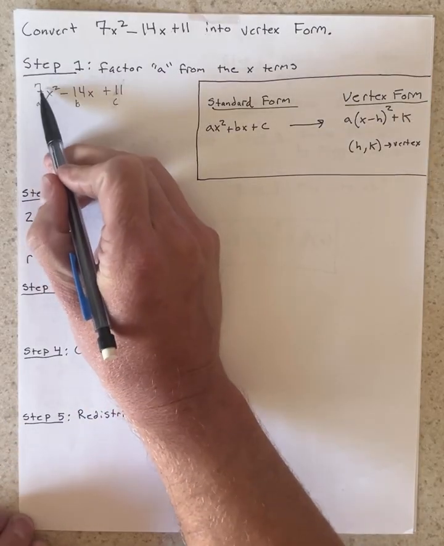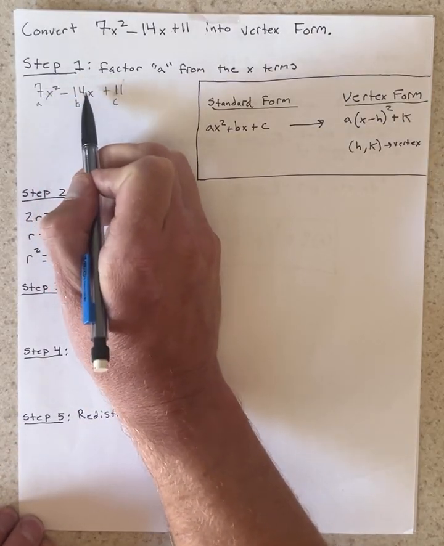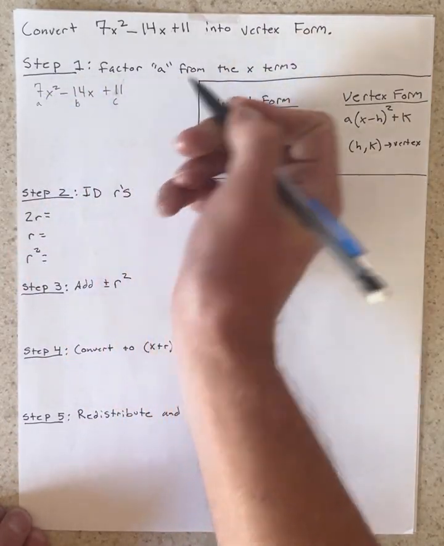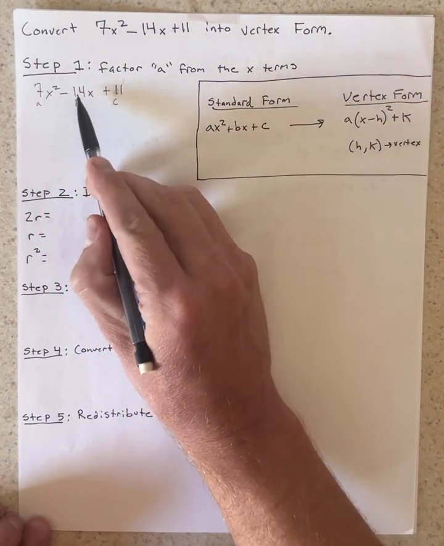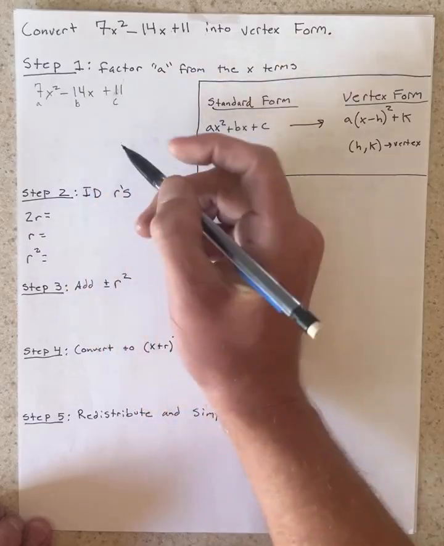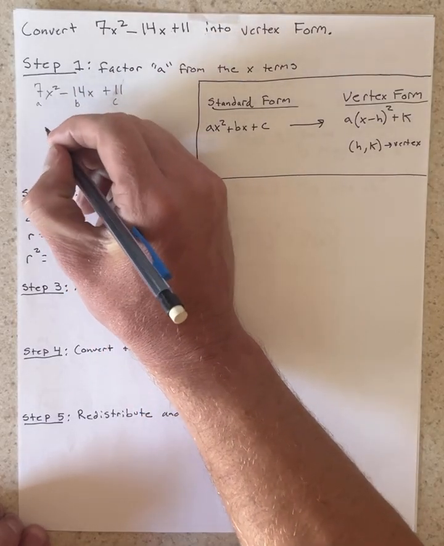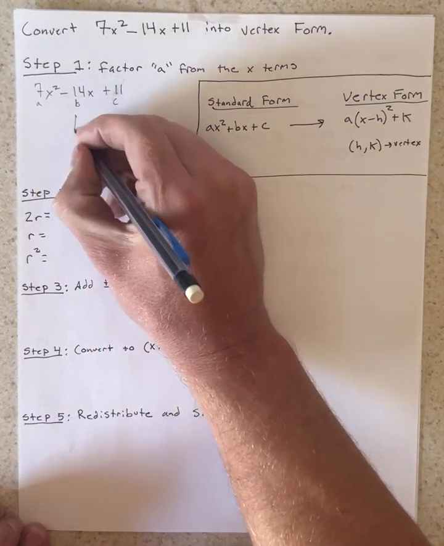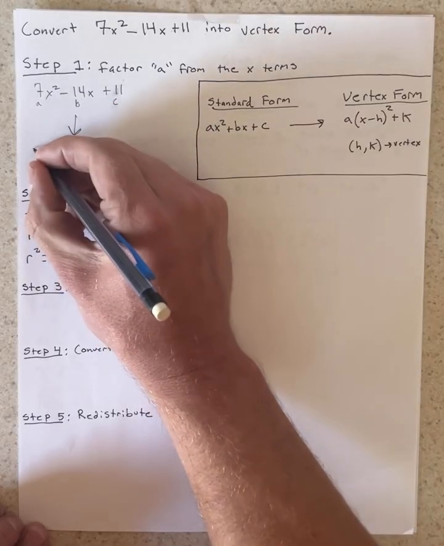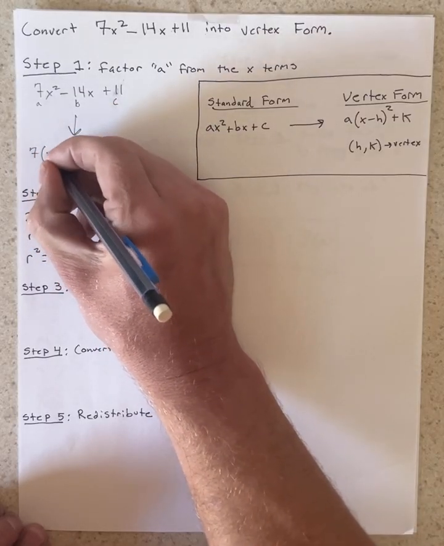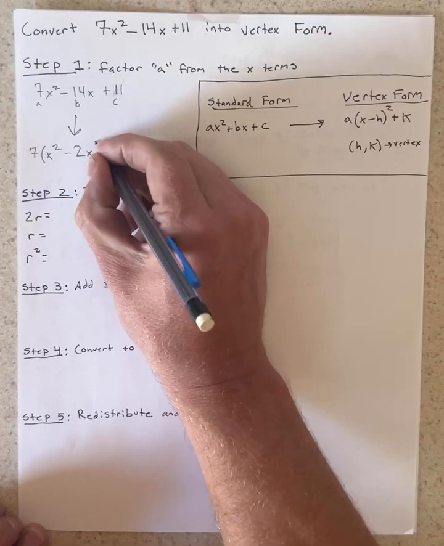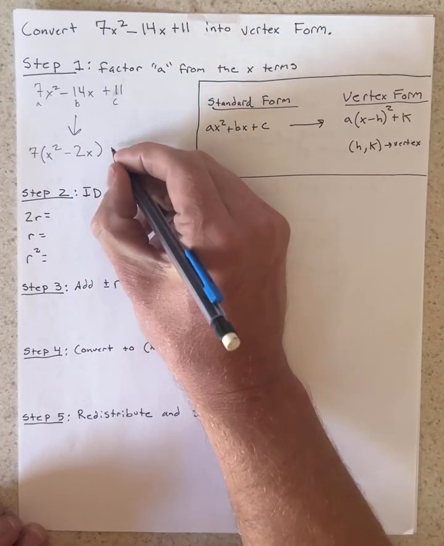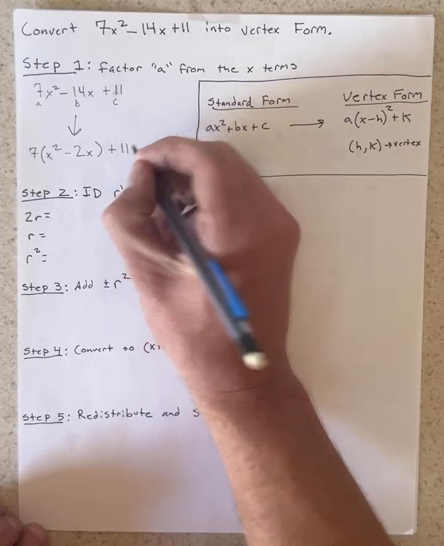And I would like to factor out a 7 from the two x terms. And when I do that, we're really dividing by 7 from the x squared and dividing by 7 from the b term as well. And so when we do this, it's going to turn into 7 parentheses x squared minus 2x, and then this 11 is going to come right down, plus 11.